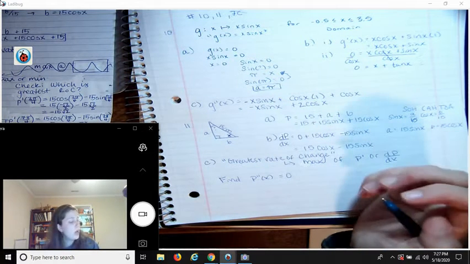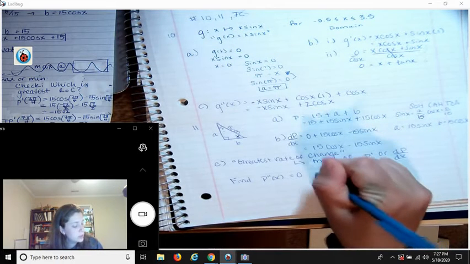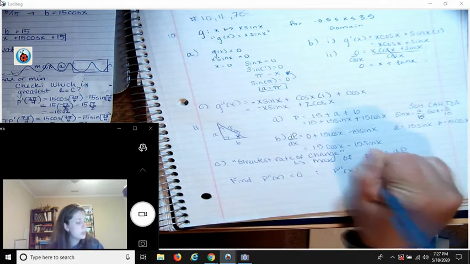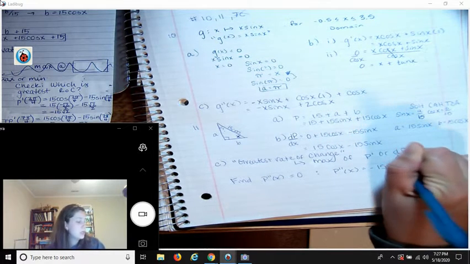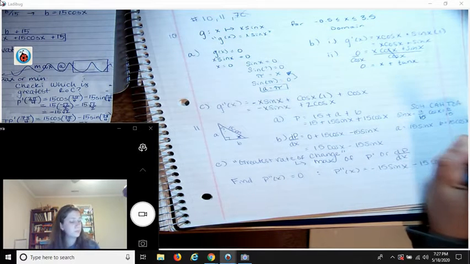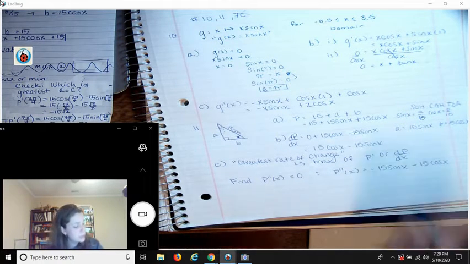When we take our second derivative, P double prime of x should be equal to negative 15 sine x minus 15 cosine x. Is that what I got? Yeah. And we're setting that equal to 0.